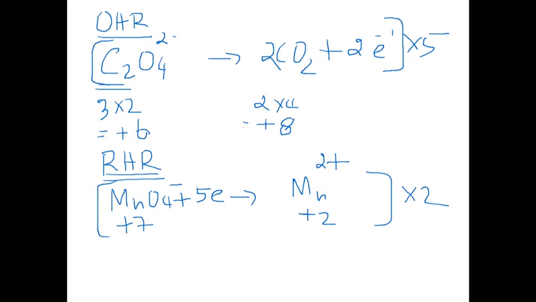So now you have plus 7 times 2, which makes it plus 14, which means we need 10 electrons, and that will give you 2 manganese ions, and plus 2 times 2 gives you plus 4.